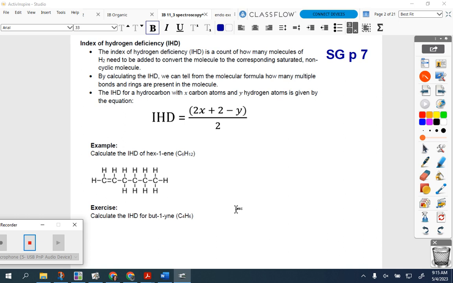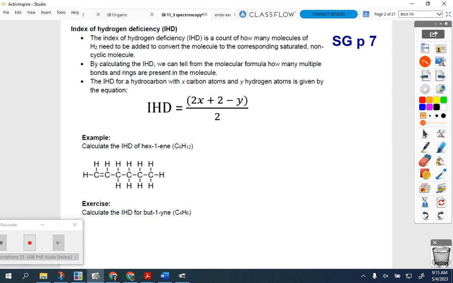There is a formula, and I don't really know why they put it as X and Y, because X is just carbons and Y is just hydrogens. So why they didn't just say 2 times carbons plus 2 minus the number of hydrogens, whatever. But this formula you can use with the molecular formula of the compound in order to determine what the degree of hydrogen deficiency is.